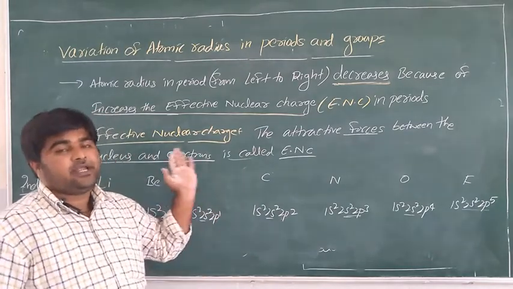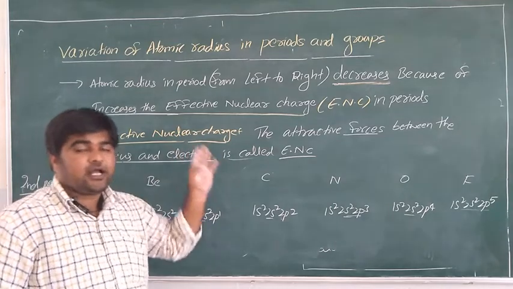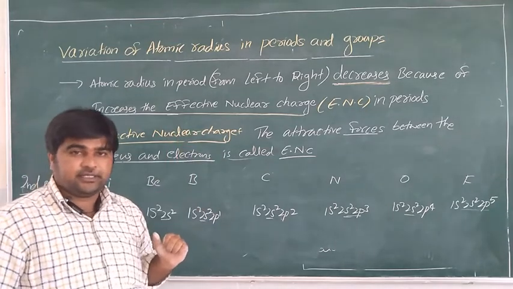That's why in periods the effective nuclear charge increases and the atomic radius decreases. Is it clear what I'm saying?